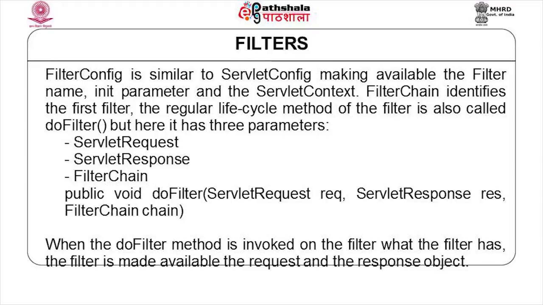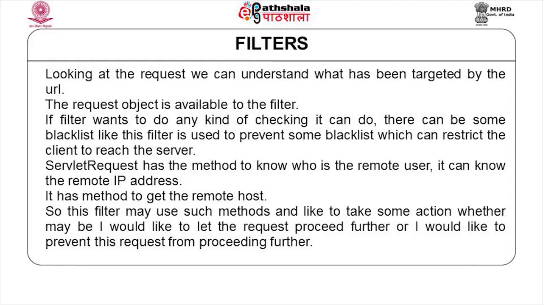It can look at the various aspects of the request, what is being targeted, it can get hold of the URL and every other thing. The request object is available to the filter. If the filter wants to do any kind of checking, it can do that. Maybe there is some blacklist, and this filter may be just to prevent some blacklisted clients from reaching the server.